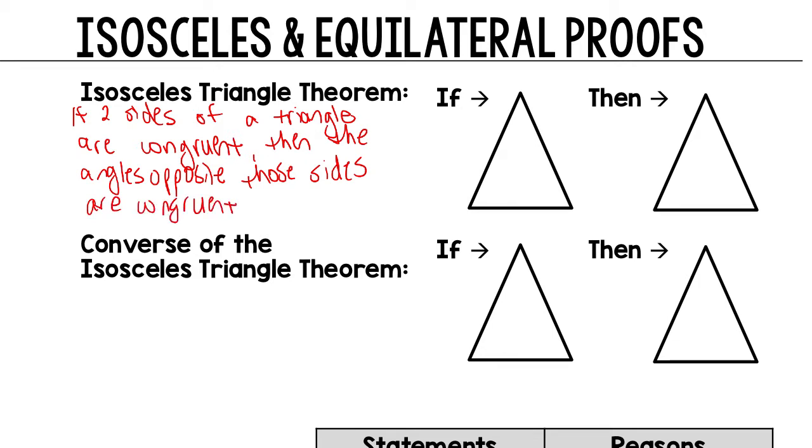What that means is if we have a triangle and it looks like this, those two sides are the same, then we can say that the two angles opposite those sides are also the same.